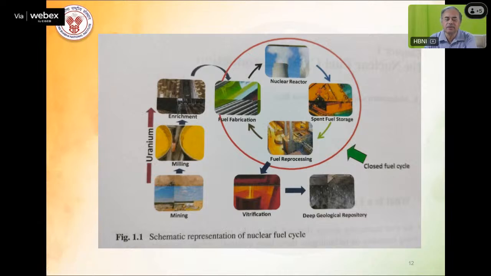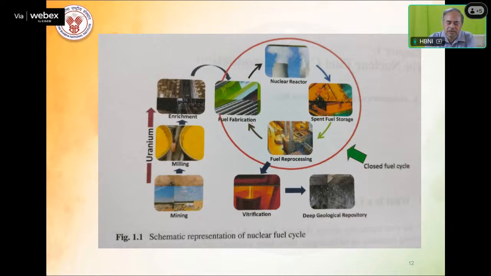Okay, so this is the block diagram for the closed fuel cycle, a schematic representation. Other things remain the same: mining, milling, enrichment, fuel fabrication, the nuclear reactor, then spent fuel storage and reprocessing.